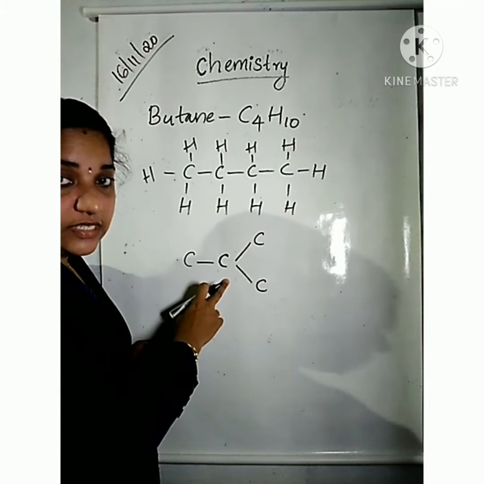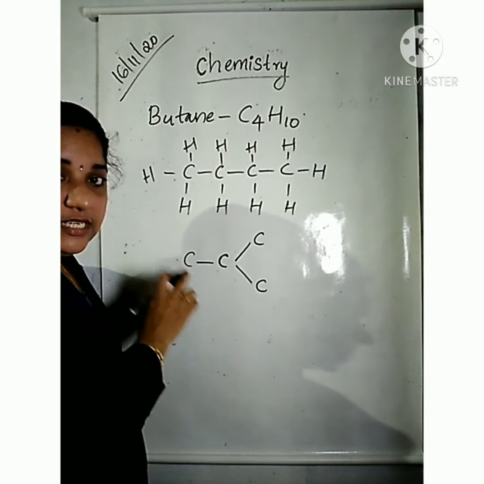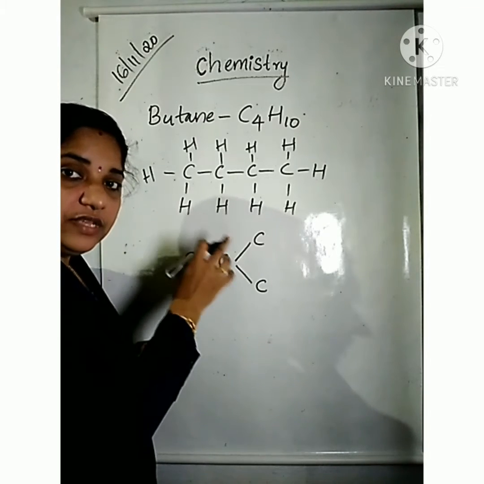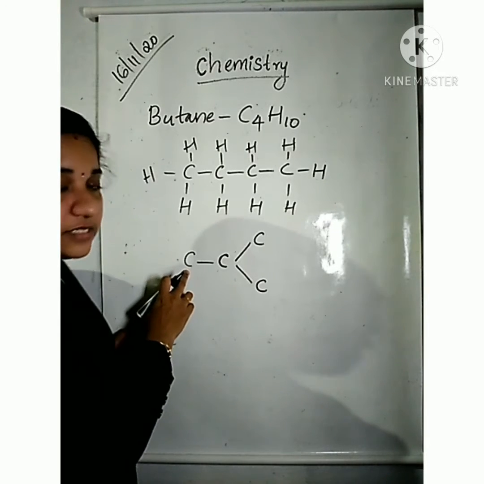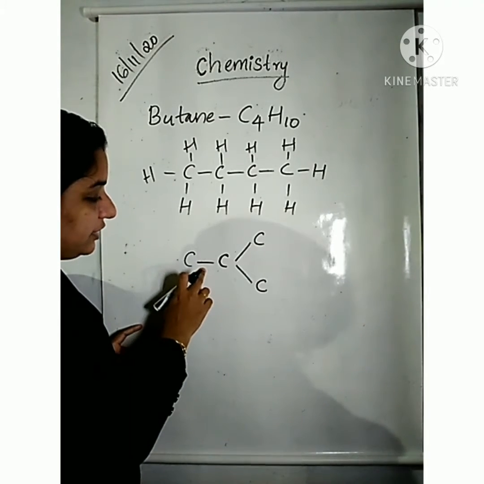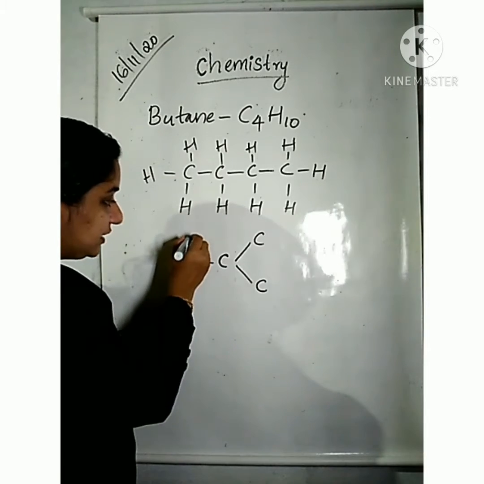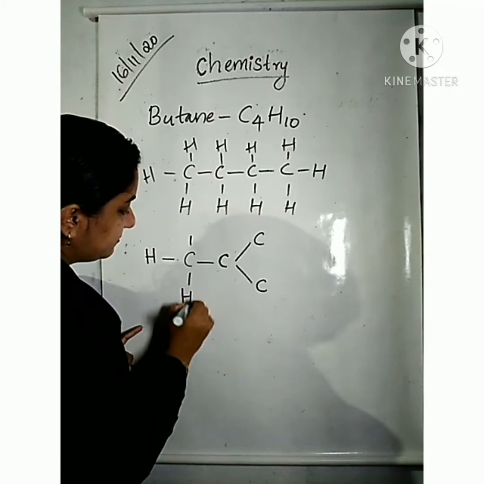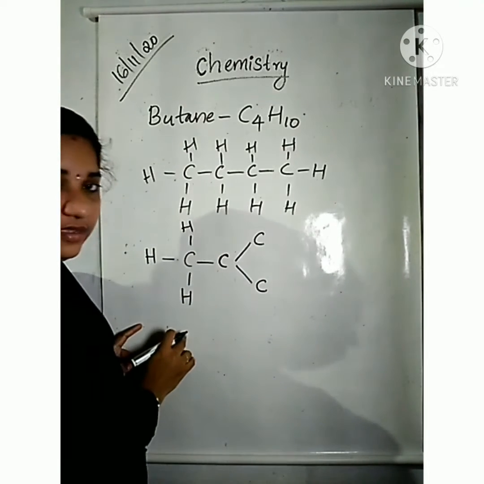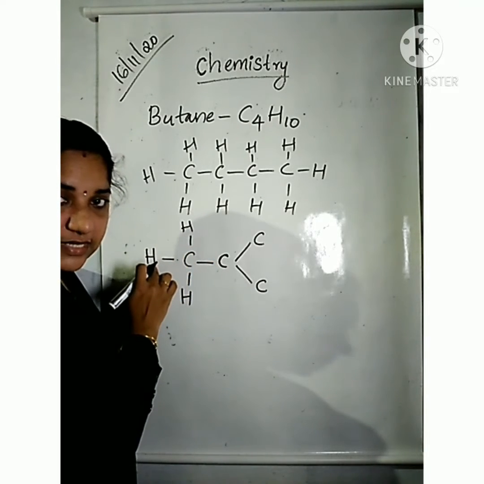Then what is the second step? We want to satisfy the valencies of each carbon atom. So look here, this is the first carbon atom. Only one valency is satisfied. Then the remaining 3 are by hydrogen atoms. So this carbon atom satisfied its valency.